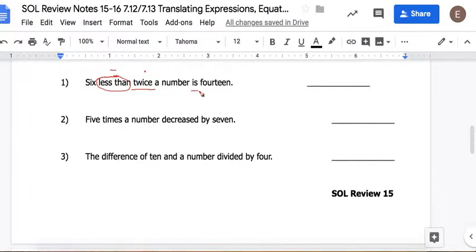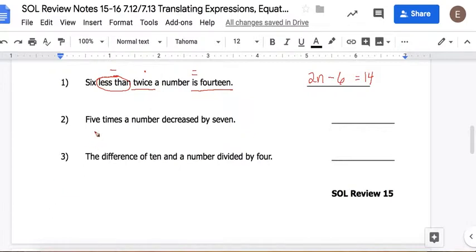And I'm going to underline is 14. That means equals. Okay, so I'm going to write the equals part first. So equals 14. And then I got to decide how to write 6 less than twice a number. So it's switch around words. So instead of writing 6 minus 2n, I'm going to write 2n minus 6.